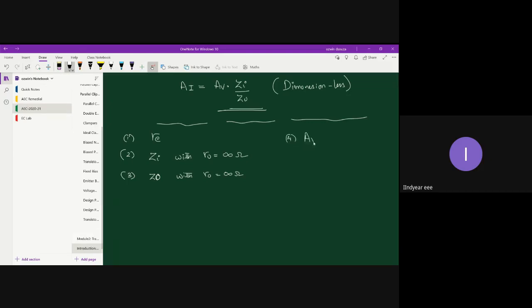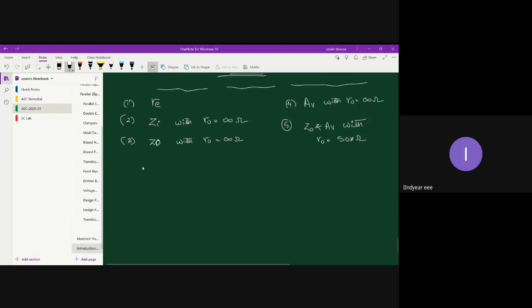Fourth, AV with R0 equal to infinity ohms. Fifth one, Z0 and AV with R0 equal to 50 kilo ohms. And compare the results.